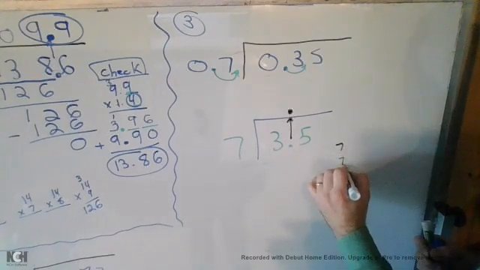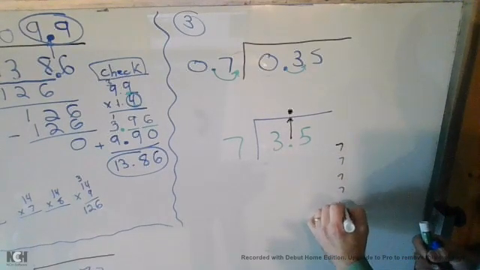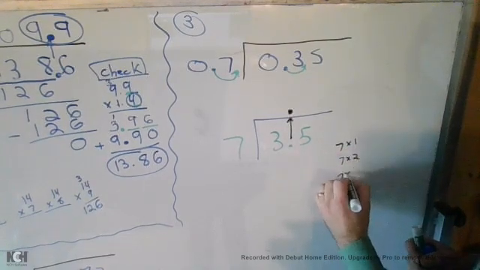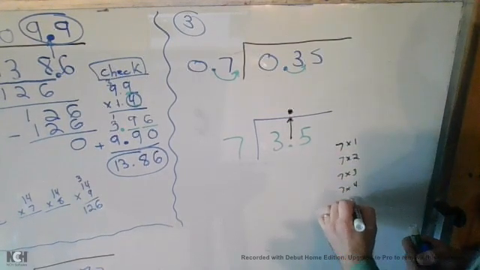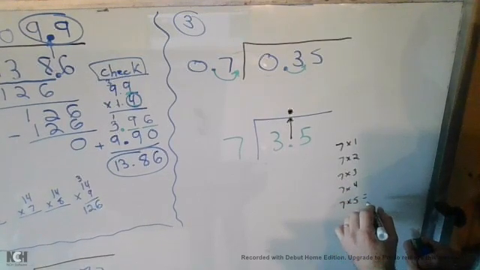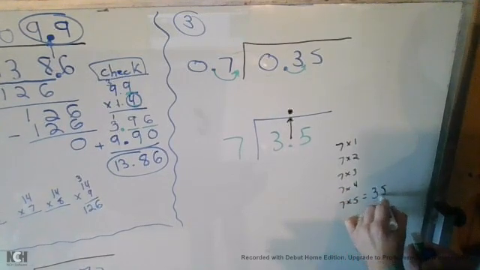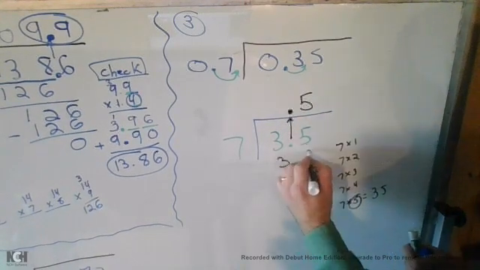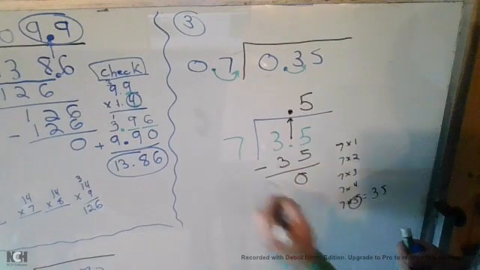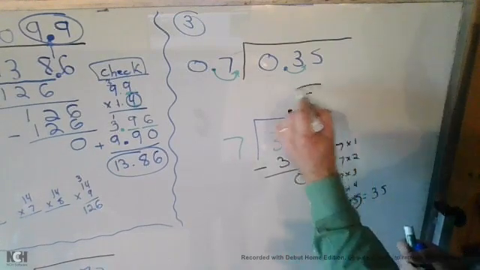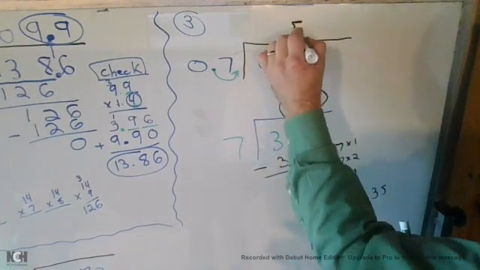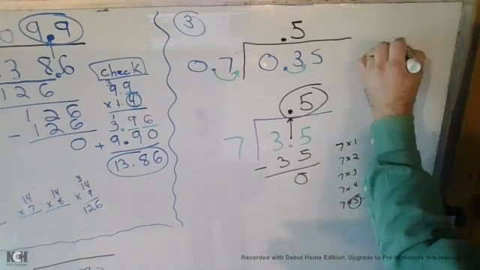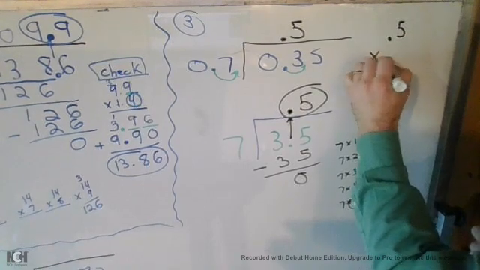So doing your 7 times tables, if you don't know them by heart now, you should recognize that 7 times 5 will give you 35. So 5 being the number I need there. So therefore the answer is 5/10. And once again, I can check myself by doing 5/10 times 7/10.